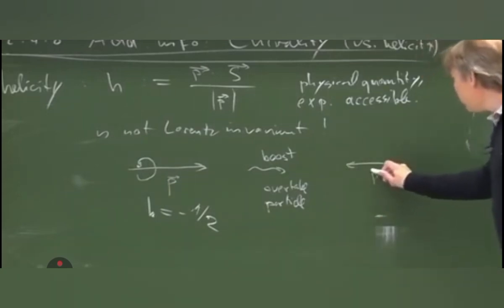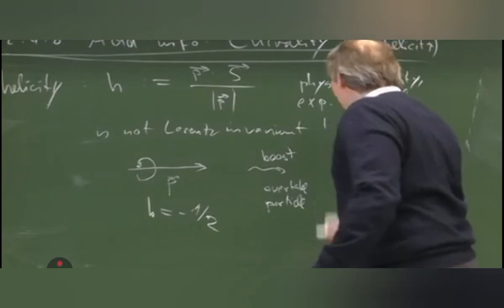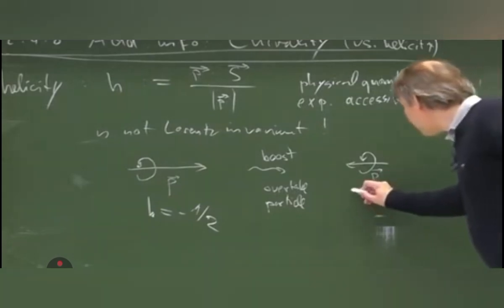For you now the particle momentum is in that direction, but of course the particle still turns in the same way. Therefore, if you now project the spin onto the axis of momentum, the rotation is the same, the momentum axis has reversed, so the helicity is now +1/2. That simply shows you that by overtaking the particle with a boost, you can flip the helicity, and therefore the helicity cannot be a Lorentz invariant quantity.